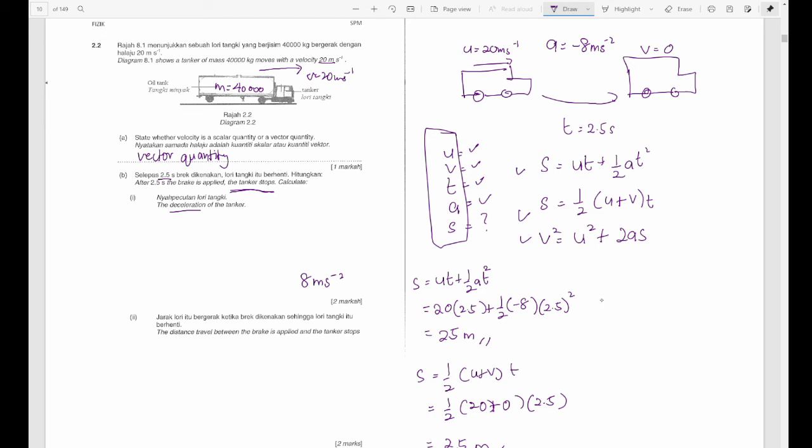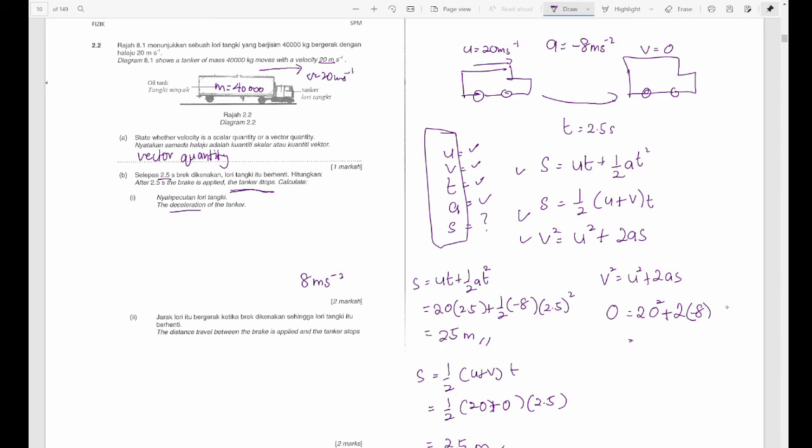What about the third one, which is v square equals u square plus 2as. Okay, let's try to substitute. v square is 0. u square, which is 20 square, plus 2, a is negative 8 meter per second square, and then s.